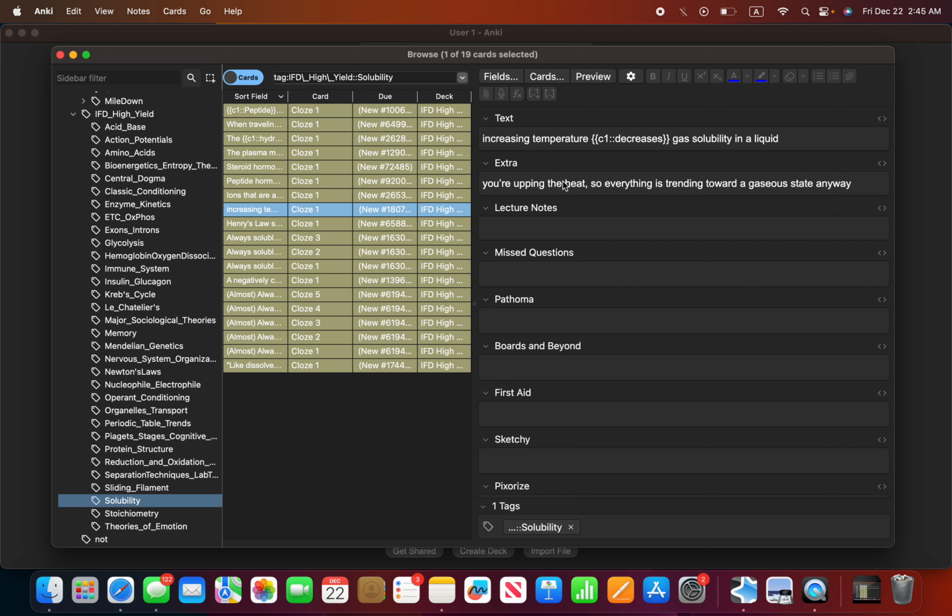Henry's law states the solubility of a gas in a liquid is directly proportional to the partial pressure of that gas over that liquid.